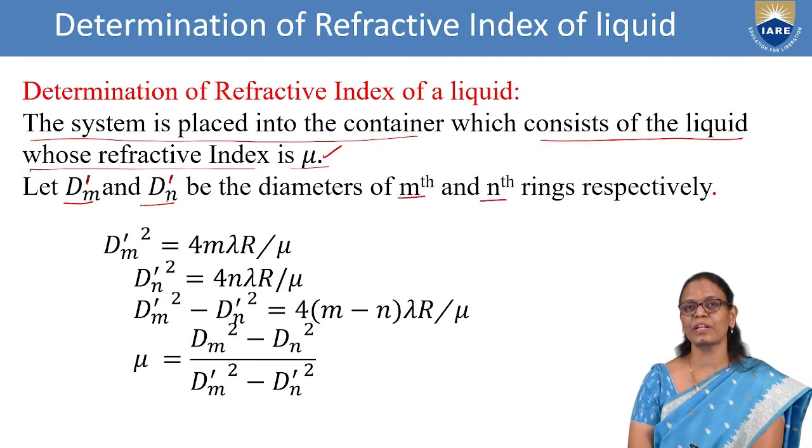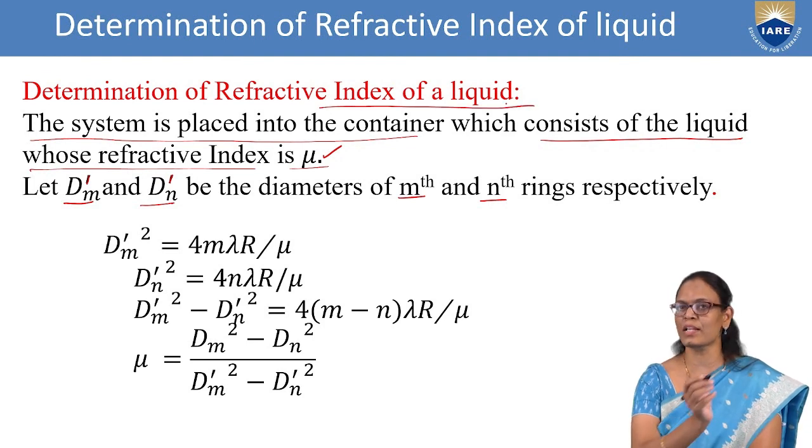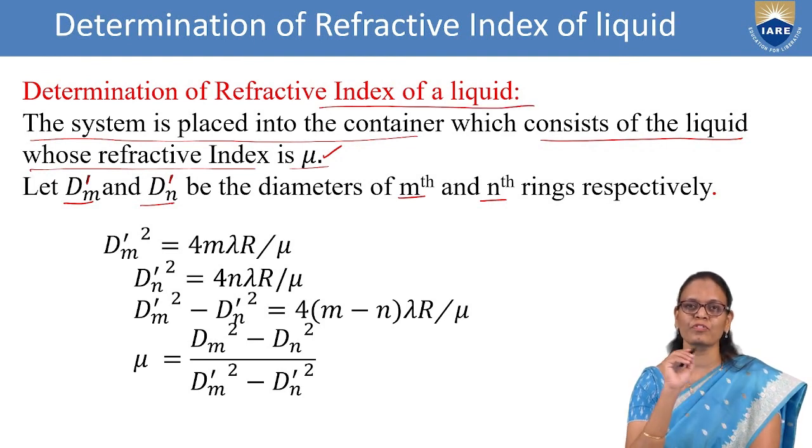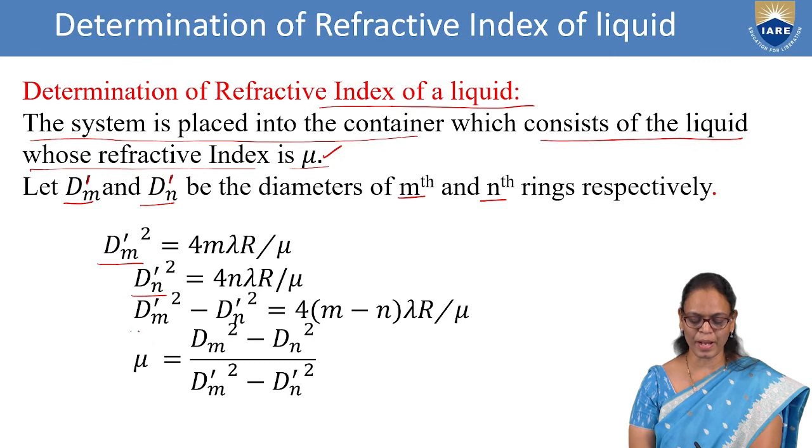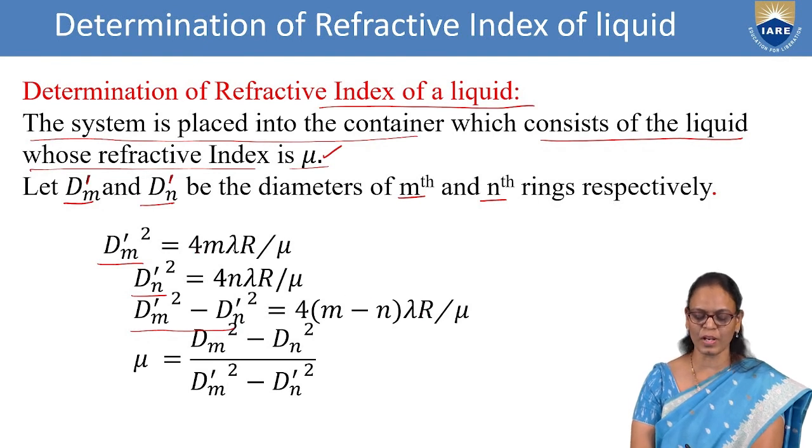Now, the diameters will definitely vary. So, dm prime and dn prime are the diameters of the mth and nth ring when you kept it immersed in the liquid. So, once we are doing without the liquid, we have got dm square minus dn square. Now, we are keeping the system immersed in liquid and we are trying to find the diameters. We get dm prime square and dn prime square. So, dm prime square is 4m lambda r by mu, and dn prime square is 4n lambda r by mu.